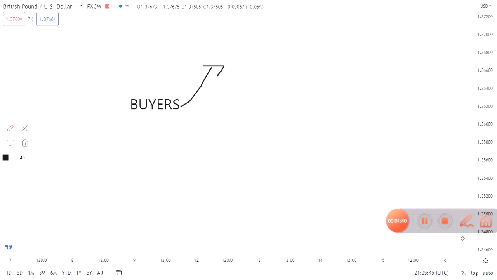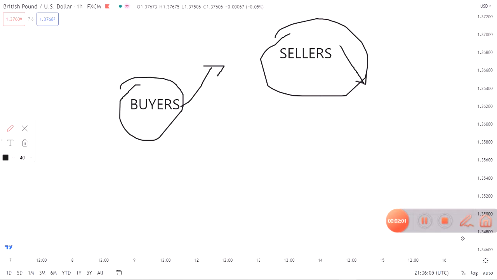Then we have our sellers, which hope or wish for the market to go to the downside. Basically, these buyers and sellers are comprised of the big banks, the hedge funds, as I explained last time.